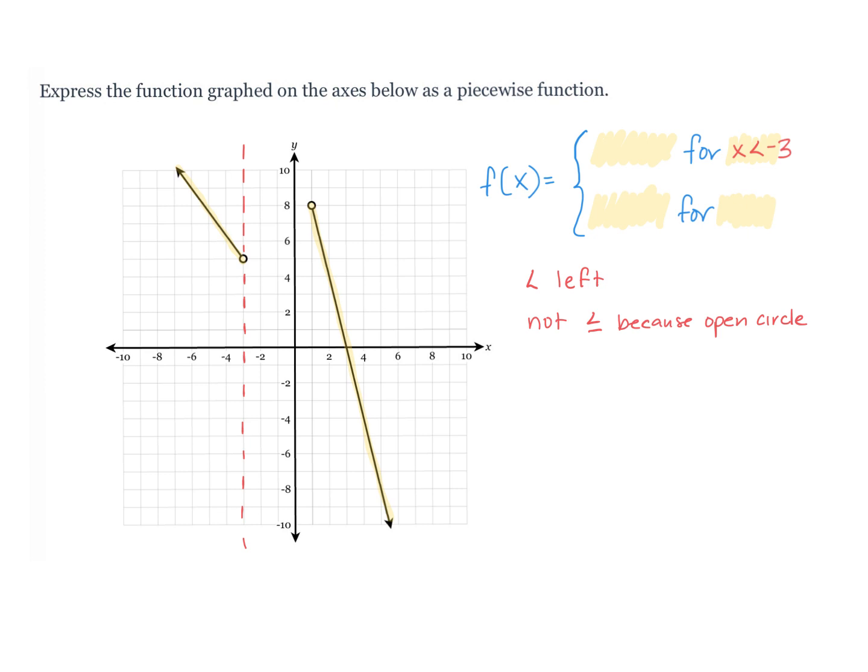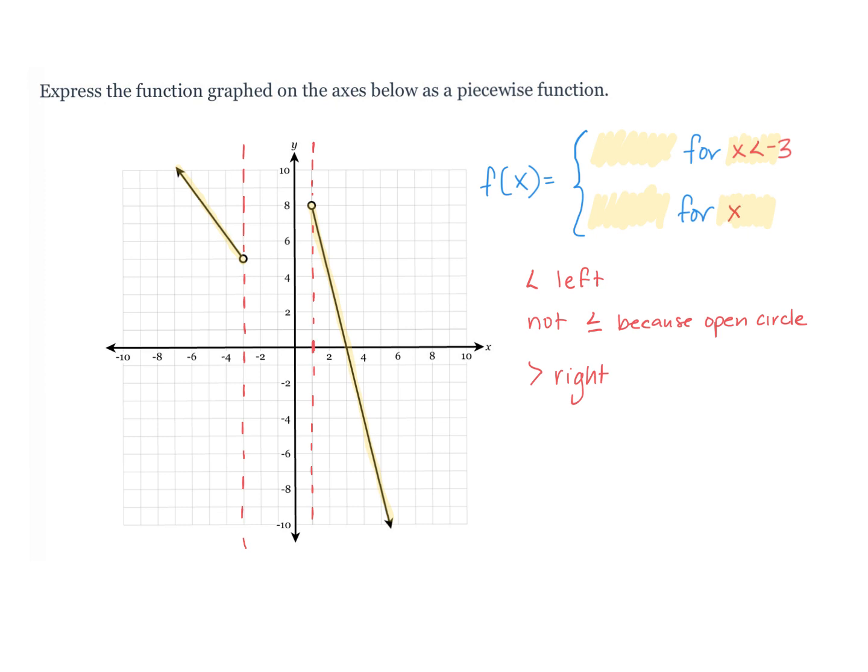So now let's look for the domain for the line on the right. We can see that the x that the beginning point is associated with is the 1, and I can see that it is pointing to the right. So when our function is moving to the right, we know that it's going to be greater than, and the point here on the x that this vertical line is passing through is 1.